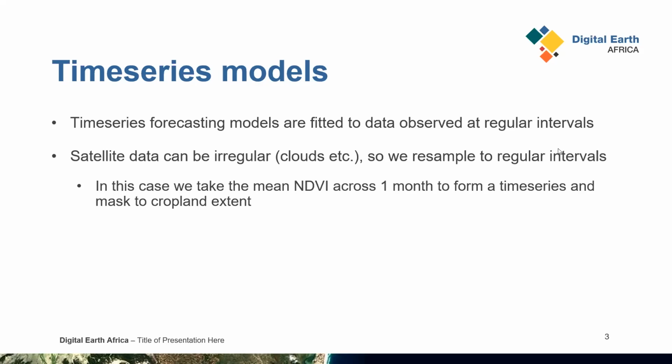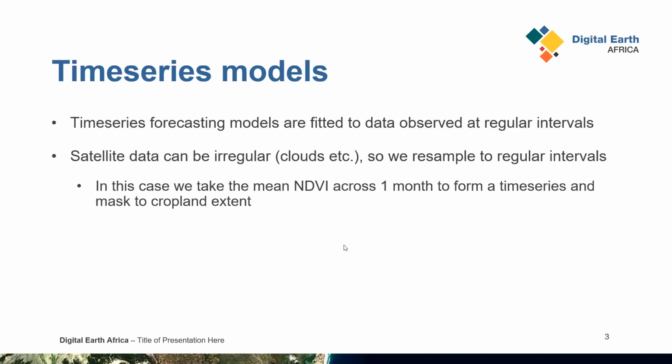In remote sensing, our time series aren't always regular. They might be irregular due to cloud cover and other constraints like that. And so to generate a regular time series, we resample to a regular interval. In this case, we're taking the mean NDVI across one month to form a time series. And then for the purposes of this forecasting exercise, we're masking the analysis to the cropland extent product.